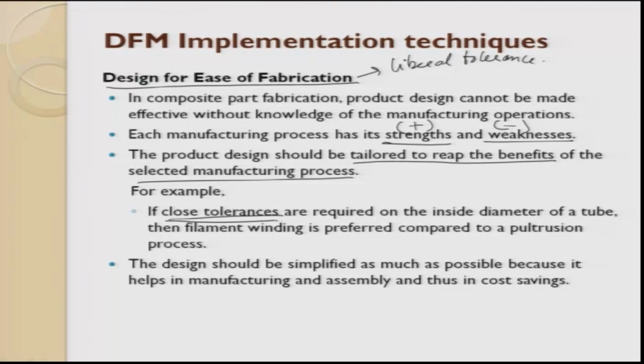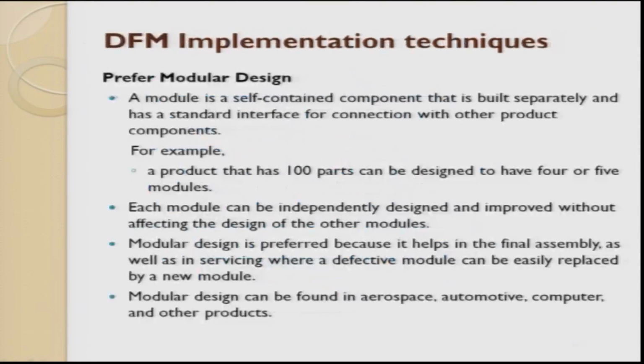People generally, without even understanding, say plus or minus 0.001 millimeter, which is very difficult for a manufacturing process to do, and in a composite, this tolerance level is very difficult to maintain. The design should be simplified as much as possible, because it helps in manufacturing and assembly and thereby saves cost. So as part of design implementation technique, design for ease of manufacturing is also there.